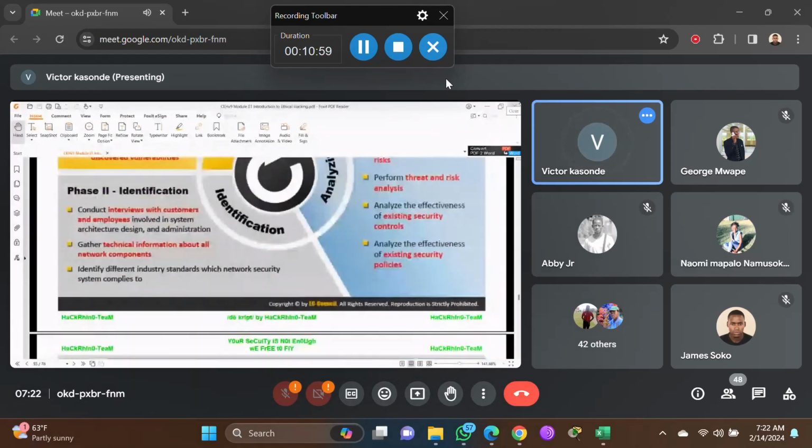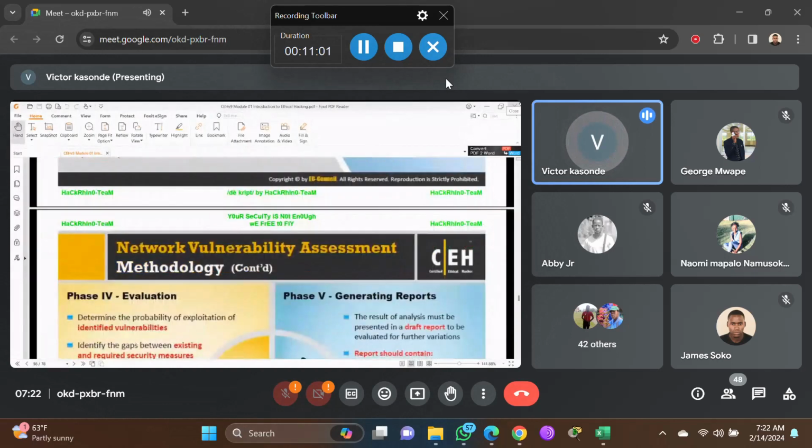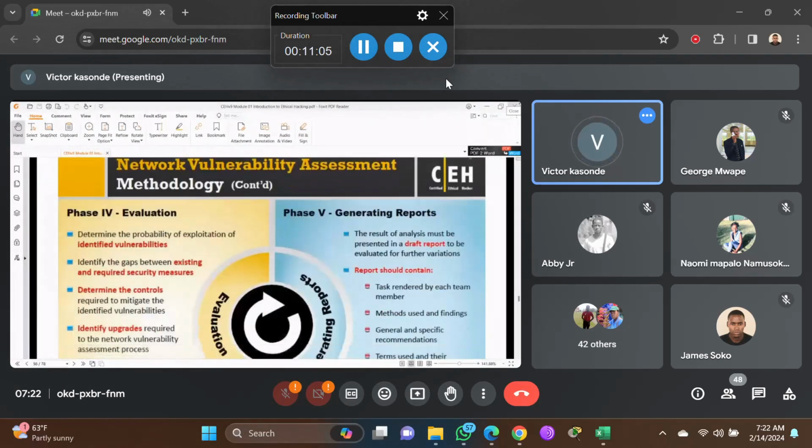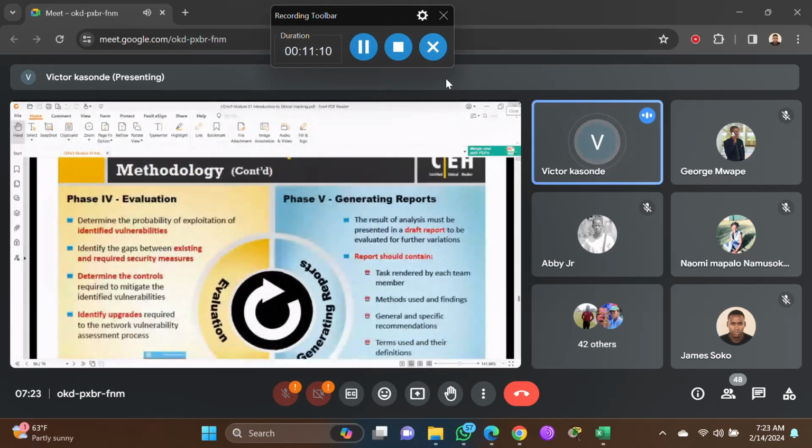Let us look at the network vulnerability assessment continued. In phase four, you have to determine the probability of exploitation of identified vulnerabilities. How are they going to exploit that vulnerability? Then identify the gap existing between existing and required security measures.